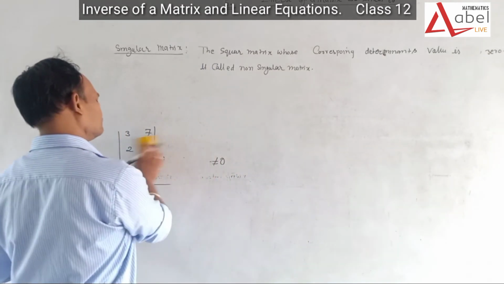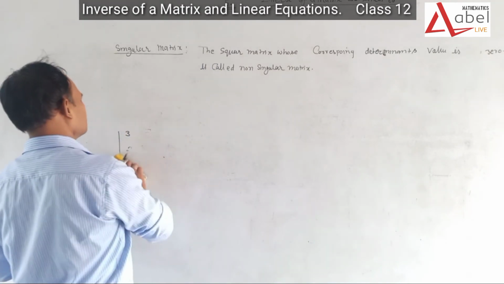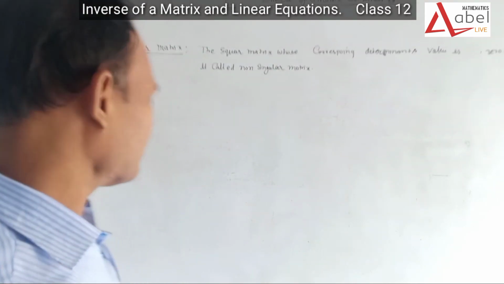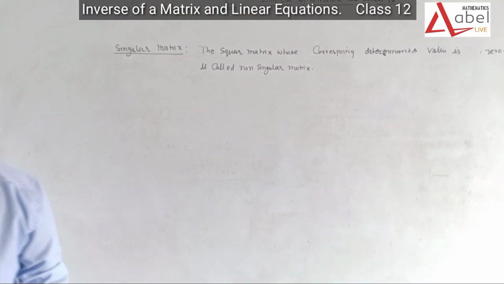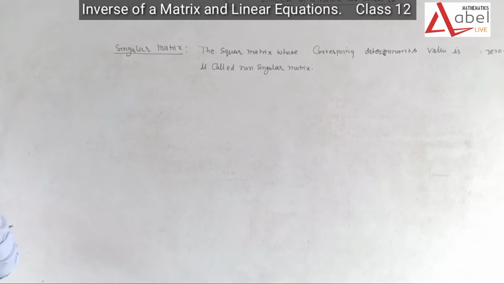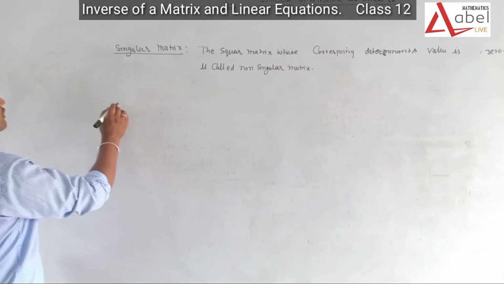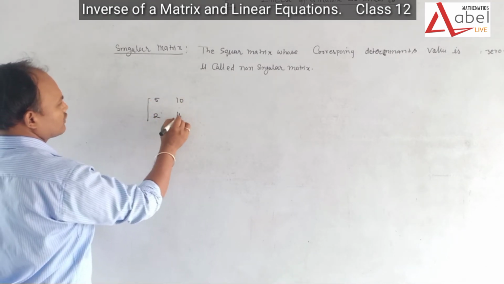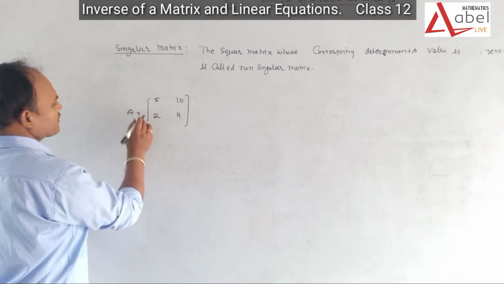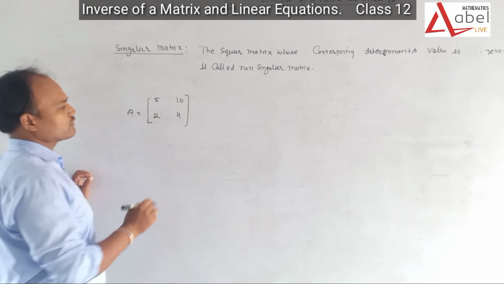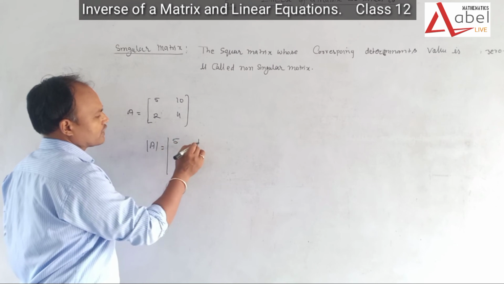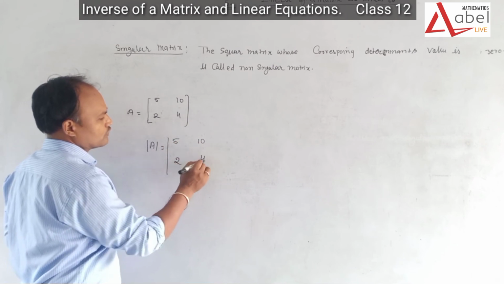So what is the singular matrix? We are taking an example, and by example we can understand what is the singular matrix. Suppose it is 5 10 2 4. A matrix is given, that is A. Now we are going to create a determinant, that is the determinant of A. It is 5 10 2 4.